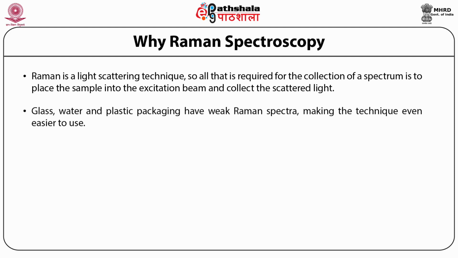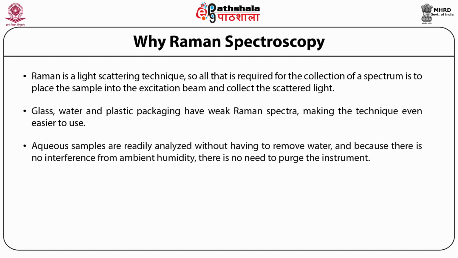Glass, water and plastic packaging have weak Raman spectra, making the technique even easier to use. Samples usually can be analyzed directly inside a glass bottle or plastic bag without having to open the package and risk contamination. Aqueous samples are readily analyzed without having to remove water, and because there is no interference from ambient humidity, there is no need to purge the instrument.